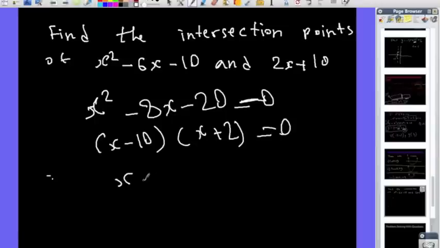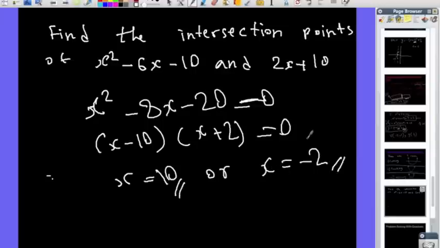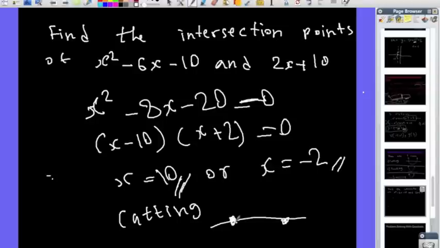So x equals 10 or x equals negative 2. See, the discriminant told us that we got 2 different answers, and the discriminant was right. This means that in this case the graph is cutting because we got 2 different points, 2 roots. So the graph would be cutting the axis at 2 different points. So in order to find cutting or touching or missing, you need to use the discriminant.